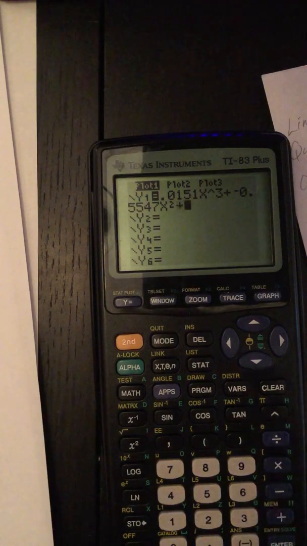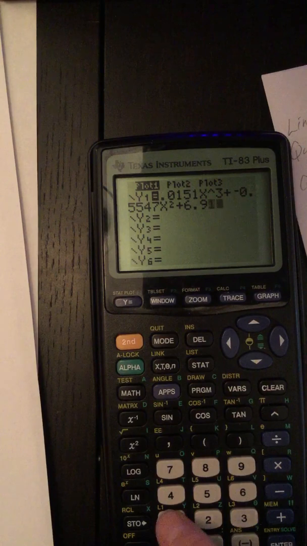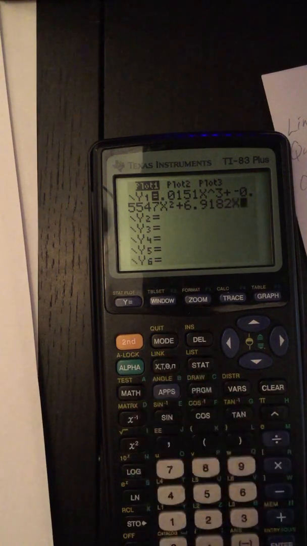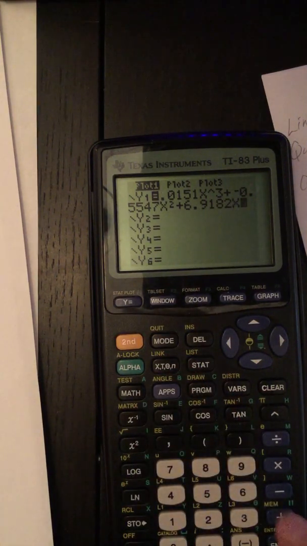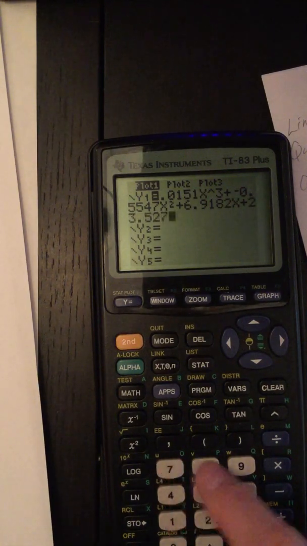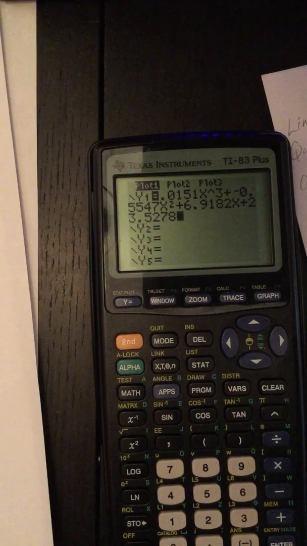And then plus 6.9182 x, and then plus 23.5278, just 4 decimal places.